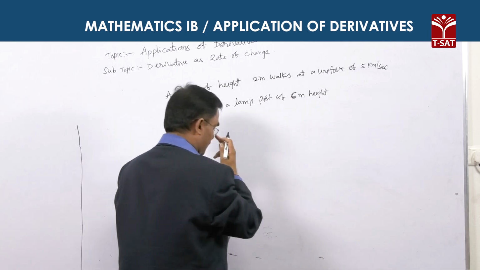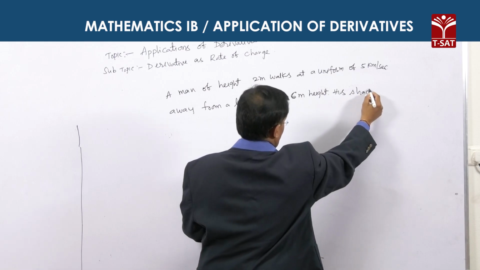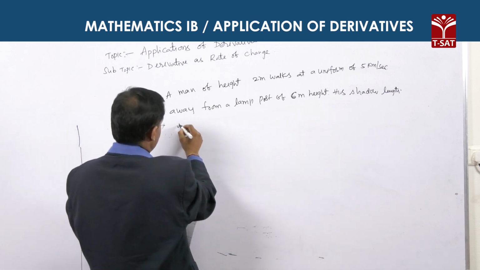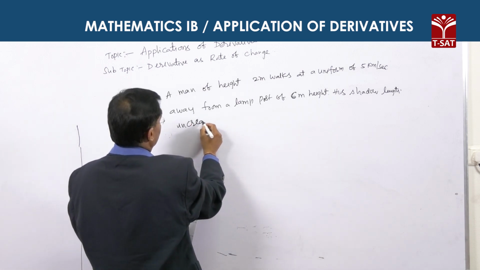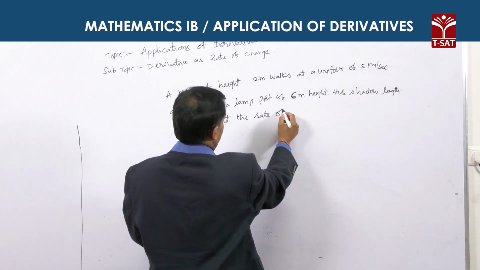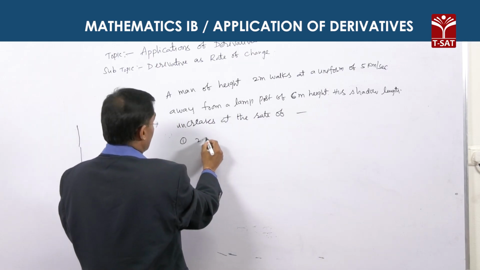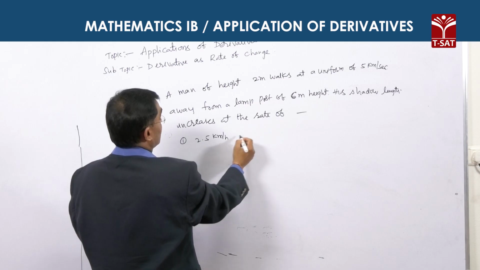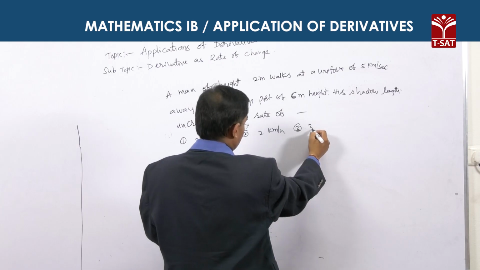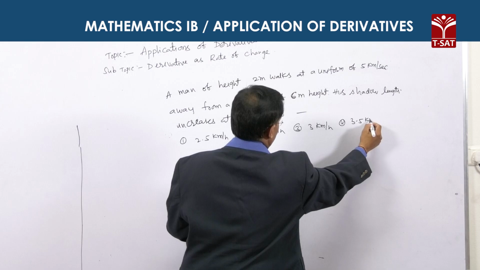His shadow length increases at the rate of dash. The first response is 2.5 kilometers per hour, second response is 2 kilometers per hour, third response is 3 kilometers per hour, fourth response is 3.5 kilometers per hour.